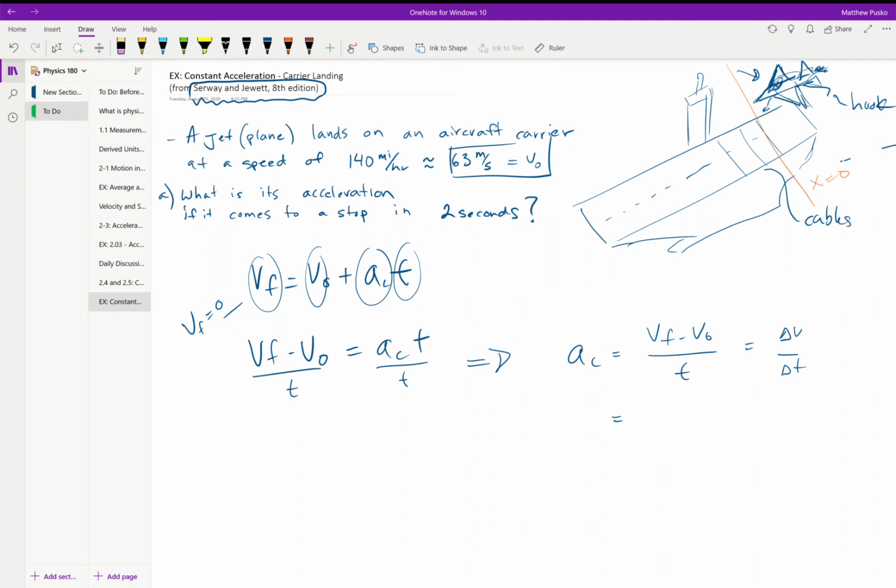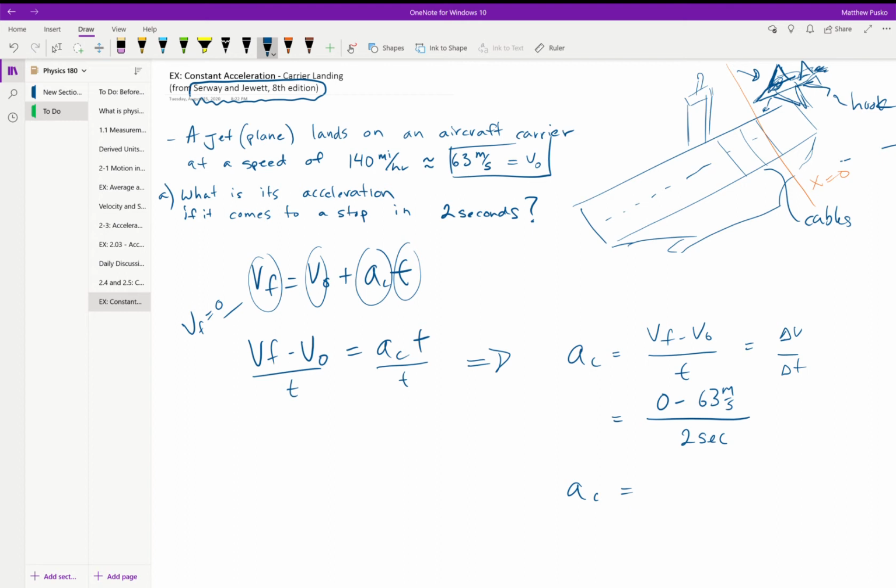Sorry, other way around. The final is 0 and it was going 63 meters per second. And we know the time is 2 seconds. We can calculate the acceleration. We're told it should be constant in this case, and we'll start working with non-constant acceleration soon.